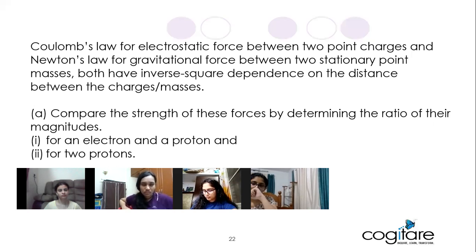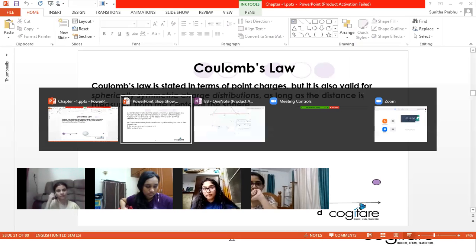Any mass will have attractive force. Gravitational attractive force. Call that as FG. Then you take both these charges, treat them as charges, and find out the electrostatic force. This is Fe. He wants us to compare Fe with respect to Fg. You understood the question?